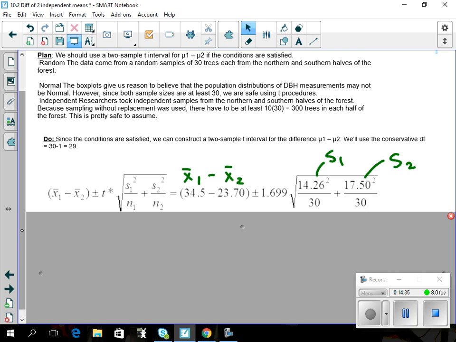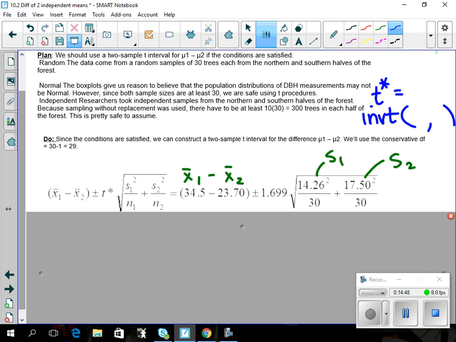But again, my question becomes, where did the 1.699 come from? Inverse T. Very good. So if we think about T star, it is in fact inverse T, but what numbers go in there? Because it's a 90% confidence interval, the middle is 90%, each tail is 5%, so we're going to do inverse t of 95%. Are we okay with that?